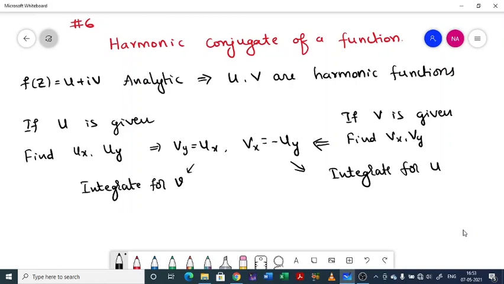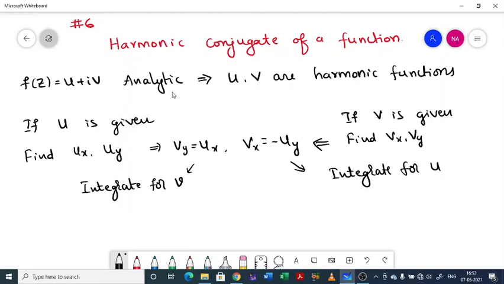So, it is a one-way result. If the function is analytic, its real and imaginary parts are harmonic. But if its real and imaginary parts are harmonic, it is not always true that the function f of z is analytic. So, analytic implies harmonic, but harmonic need not imply analytic.